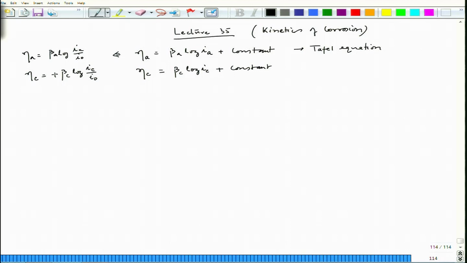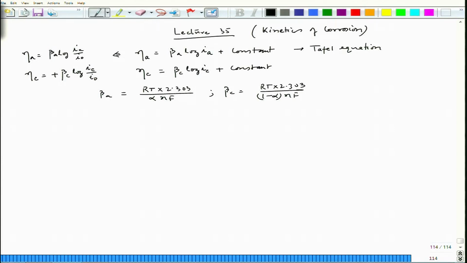We can put this as plus, because I can take the minus sign into beta C, where beta A equal to RT into 2.303 divided by alpha nF, and beta C equal to RT into 2.303 divided by 1 minus alpha nF.